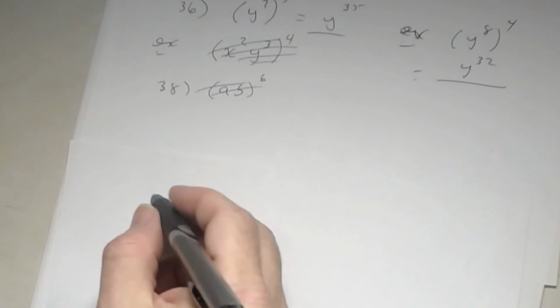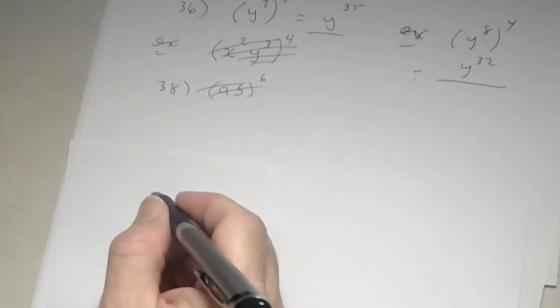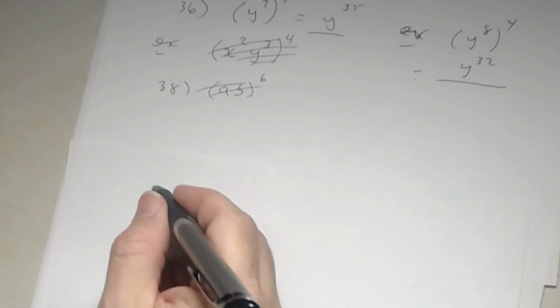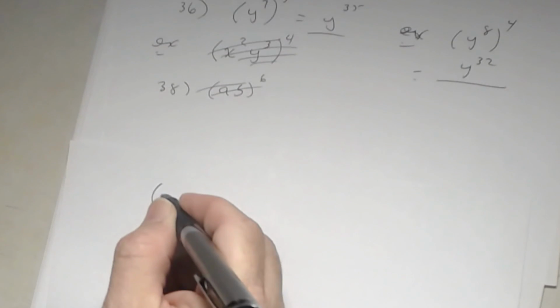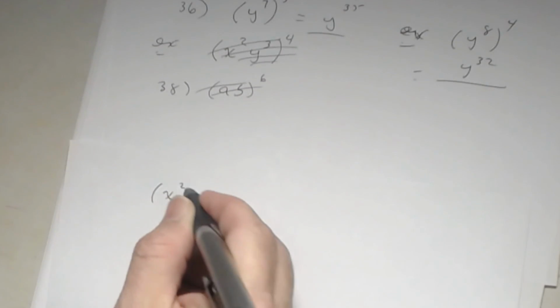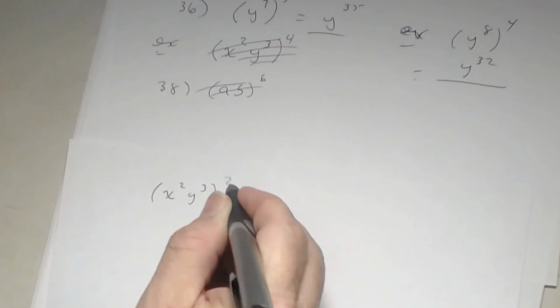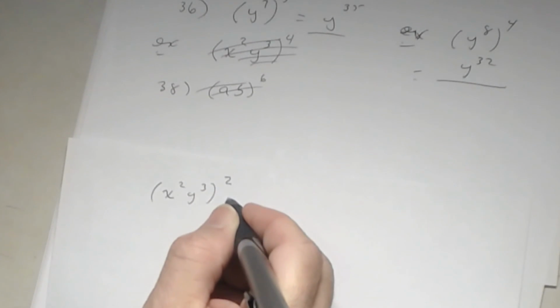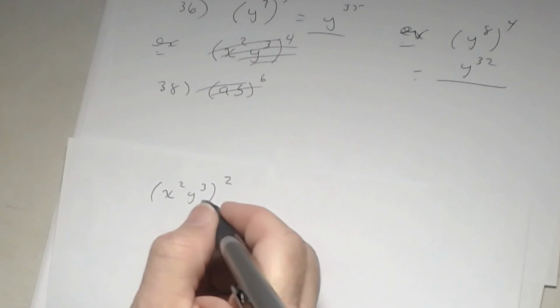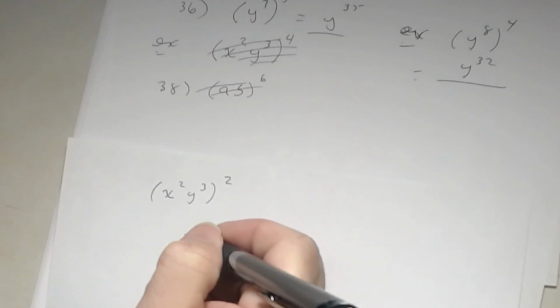Okay, so suppose I had this. Suppose I had x squared y to the 3rd raised to the 2nd power. Okay? X squared y to the 3rd raised to the 2nd power.